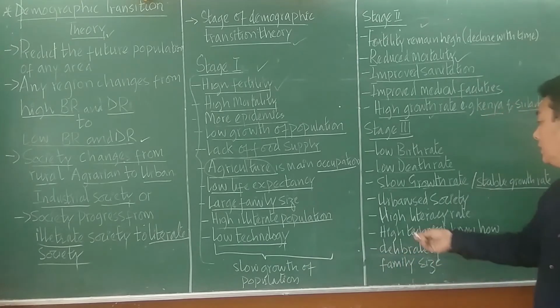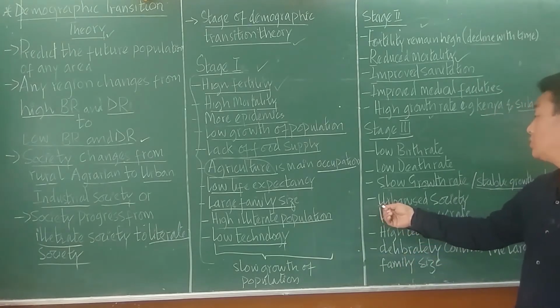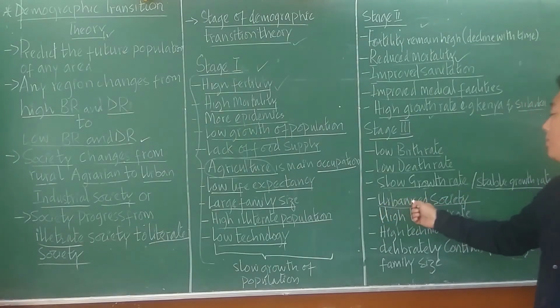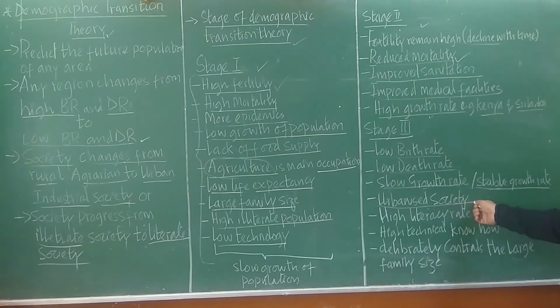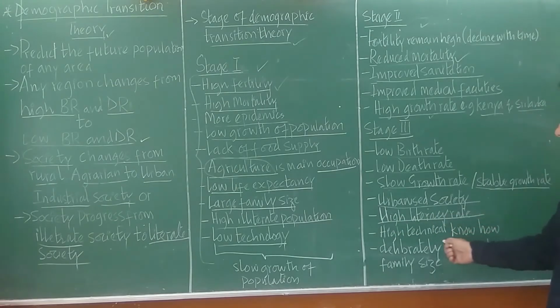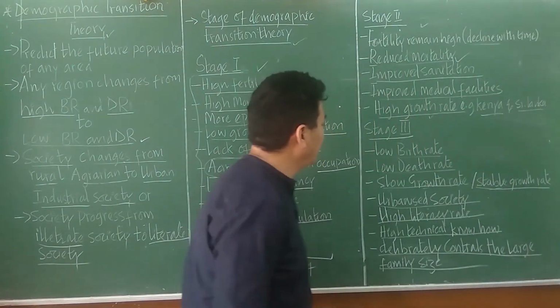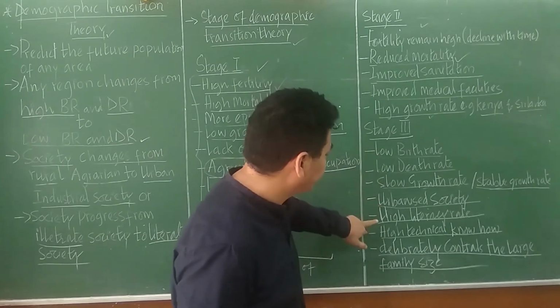Am I right? And our society is like an urbanized society, with high literacy rate, high technical know-how, more technology, and they deliberately control the size of the family.